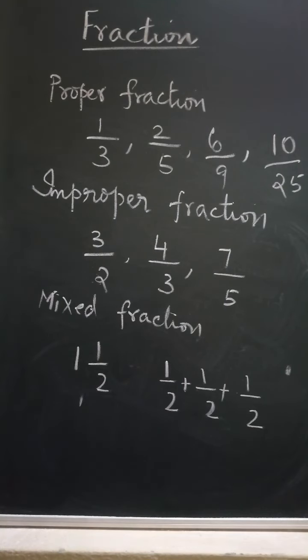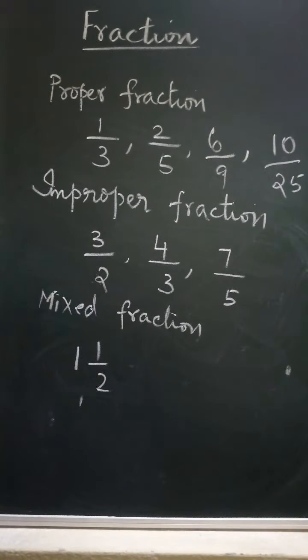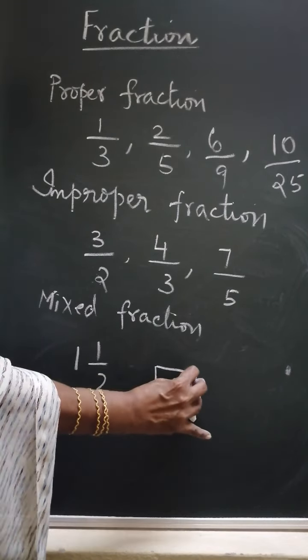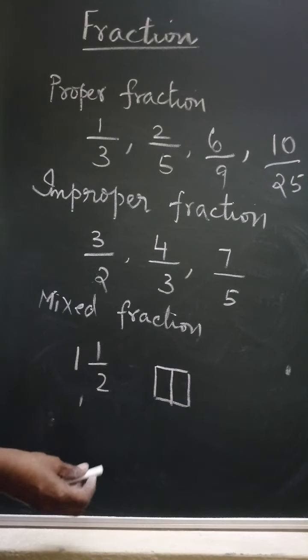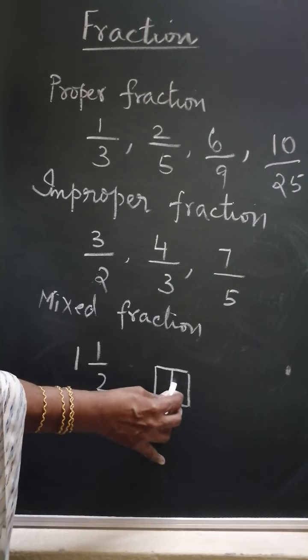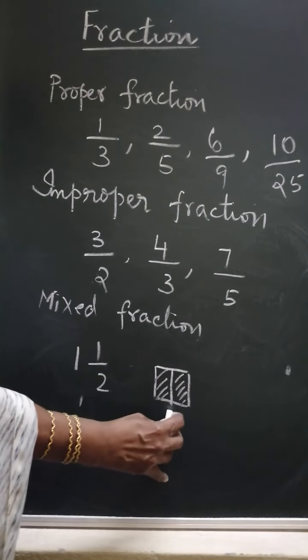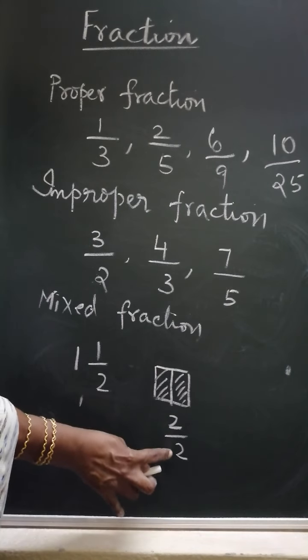In another way, we can represent this. Suppose a cake is cut into 2. First, a boy or a girl ate all the 2 parts. That is, out of 2, the whole 2 pieces are eaten.